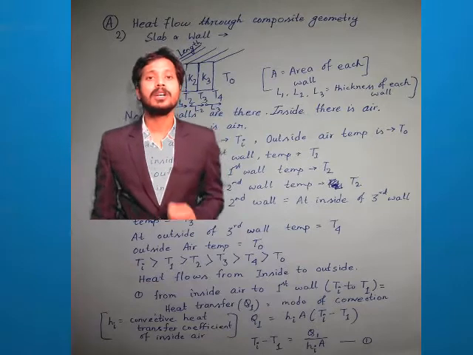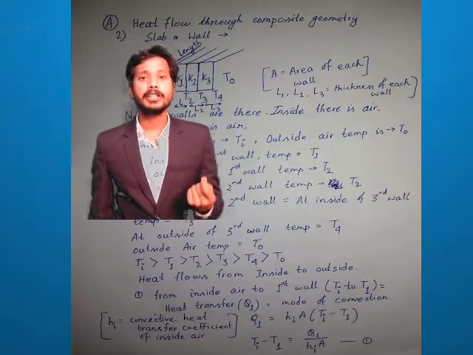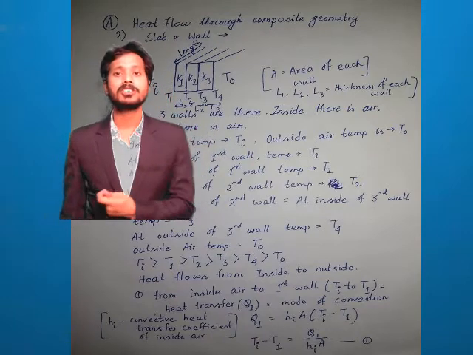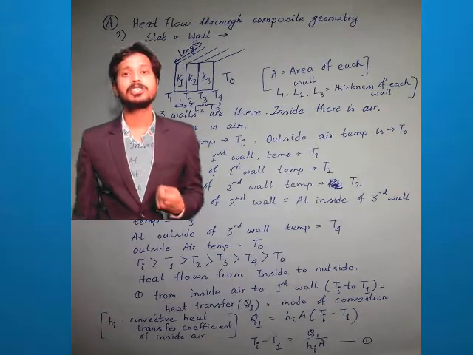So tell me now, in convection mode of heat transfer, which formula will you follow: Fourier's law, Newton's law of cooling, or Stefan-Boltzmann law? Yes, you follow Newton's law of cooling.